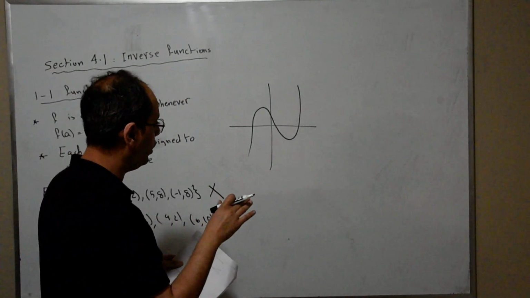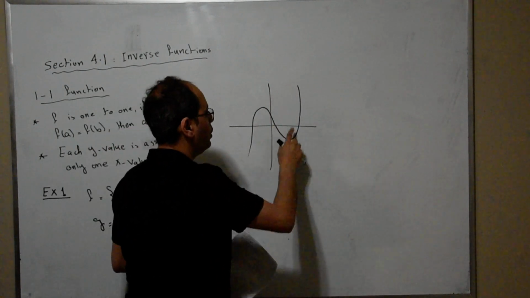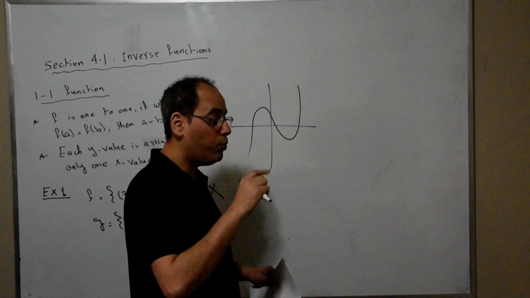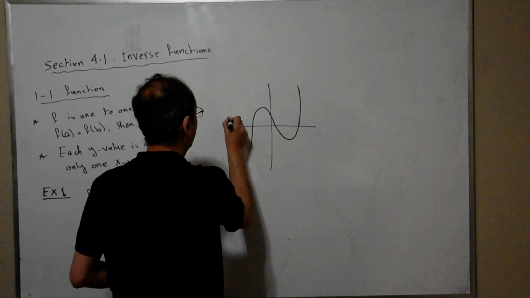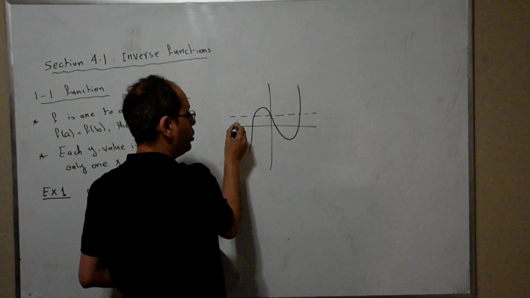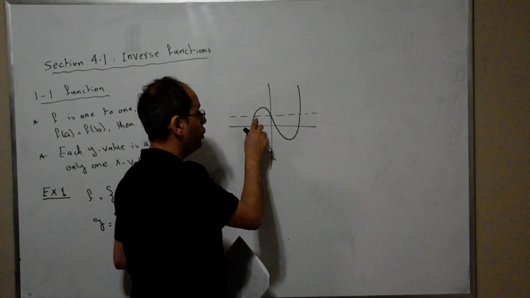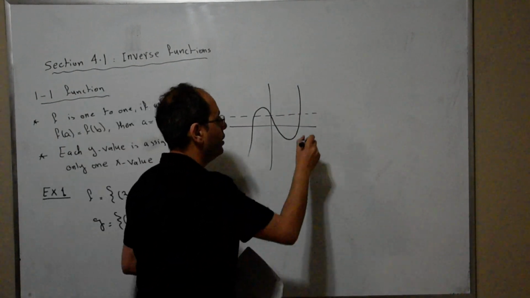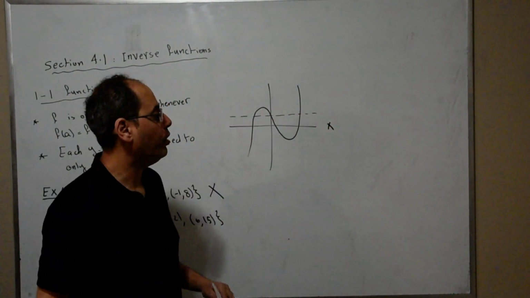Yes. If you use a vertical line, it shows that it's a function. Is it one-to-one? Let's get a horizontal line here. This horizontal line intersects the function in 1, 2, 3 points. Therefore, this is not a one-to-one function.